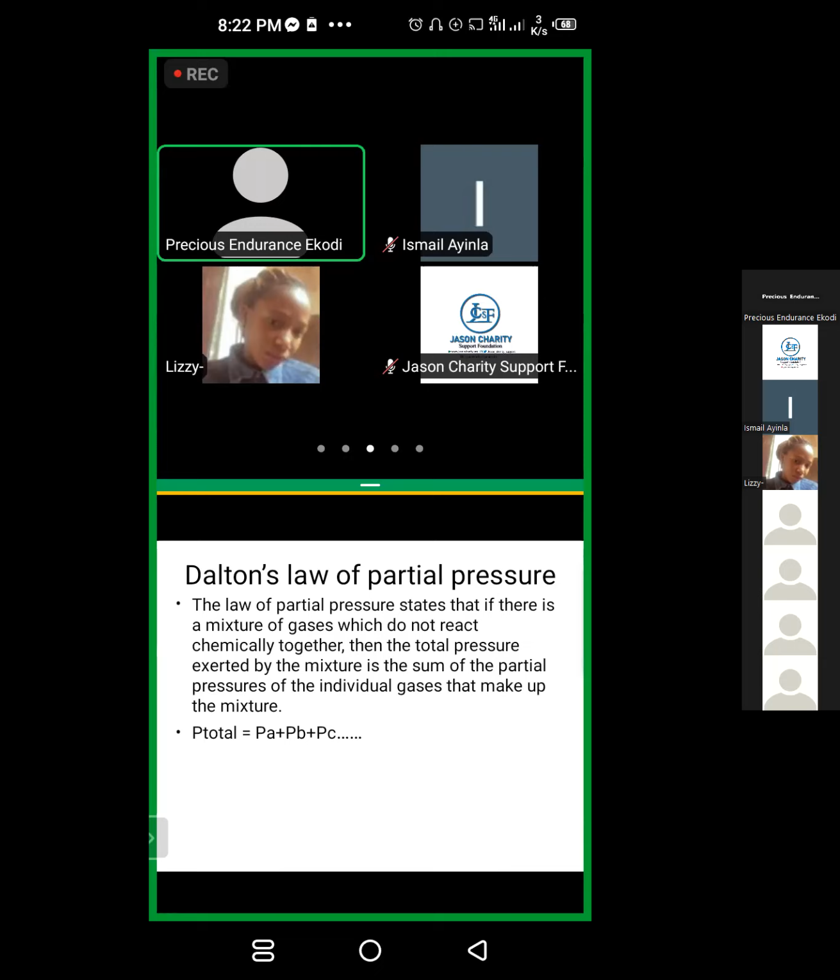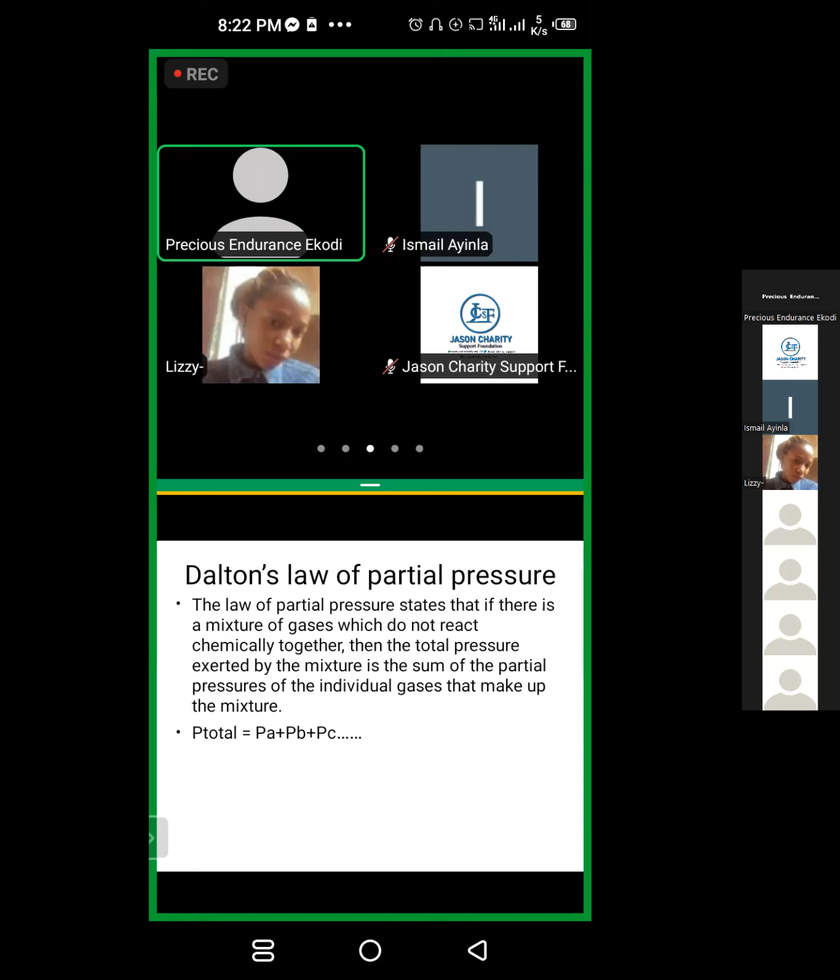The total pressure is adding the pressure of these three gases. That is, you add the pressure of your hydrogen, add the pressure of your nitrogen, and that of your oxygen. It will give you the total pressure in that container, as long as it is not combined chemically. So that's that for Dalton's law of partial pressure. It's just very simple. Add all the pressures together and get it. So that's why we have P total equals PA plus PB plus PC. So that's for partial pressure.